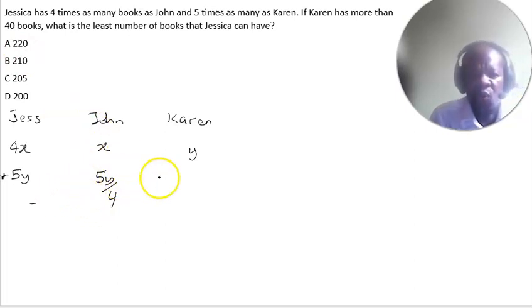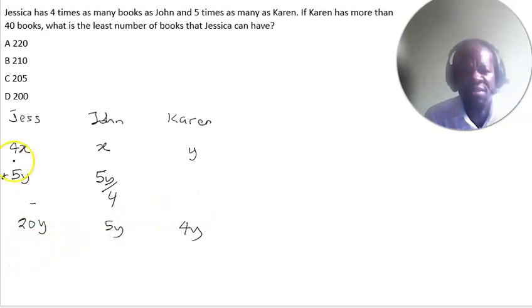So let us convert this into a whole number. So this is 5y. Now this is 5y over 4. So we multiply all through by 4. So 4 times 5y will give us 20y here. 4 times 5y over 4 will give us 5y for John. Then Karen we have 4y.